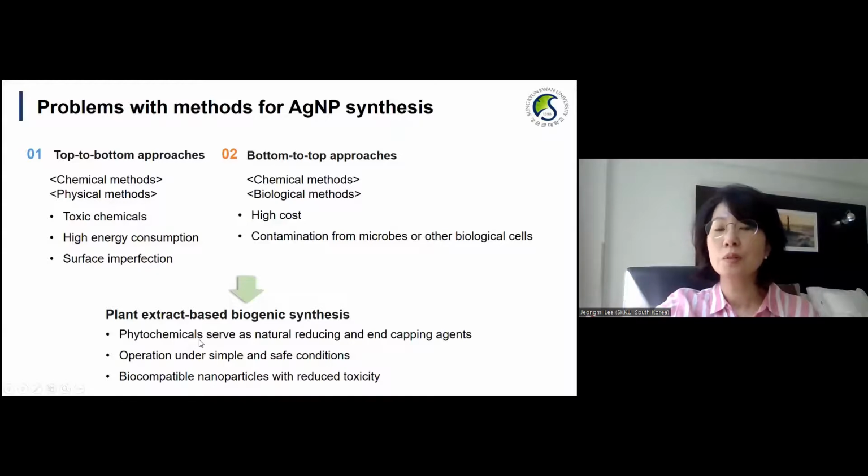These phytochemicals can serve as natural reducing and end-capping agents at the same time. The operating conditions are quite simple and very safe. What was better with this plant extract-based biogenic synthesis was that the nanoparticles are biocompatible thanks to the phytochemicals, and they are known to have lower toxicity than chemically or physically prepared nanoparticles.